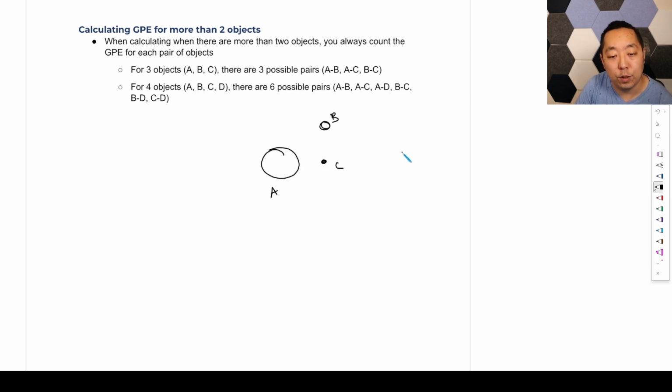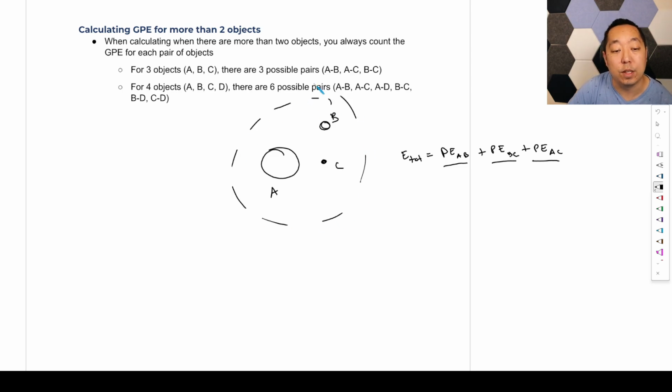So if you wanted the total gravitational potential energy, we would want the potential energy between A and B, plus the potential energy between B and C, plus the potential energy between A and C. There would be three pairs here, AB, AC, and BC. Every possible pair, only include it once, right? So every unique pair of objects in the system, we're going to want to add up.